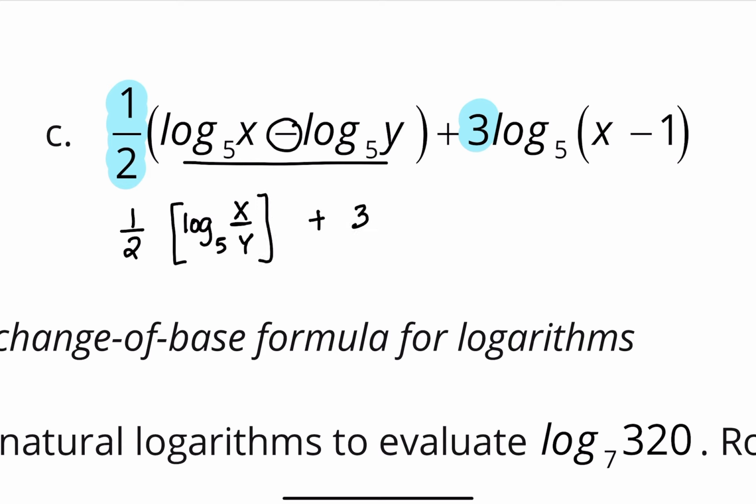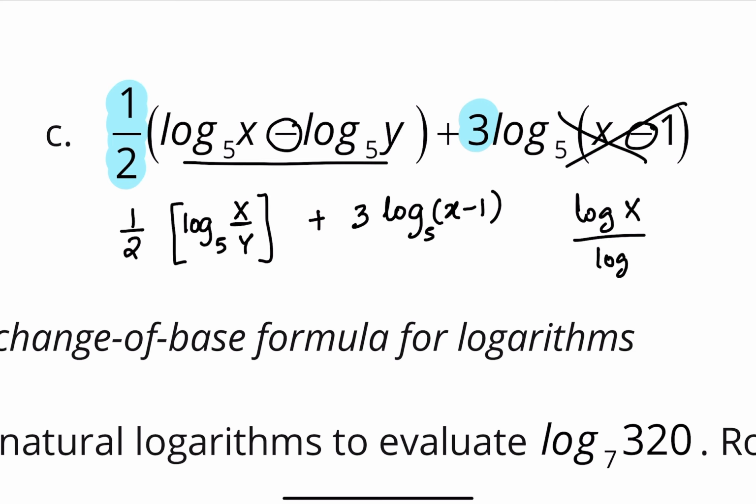Plus 3 log x minus 1. This is a single log and subtraction, so this does not become log x over log 1. No, it does not become that because it's a single log. That one only becomes a double log when it's subtraction of 2 logs. I hope that's more clear.